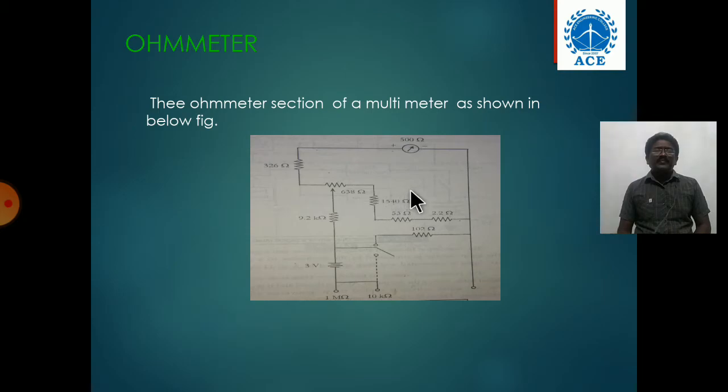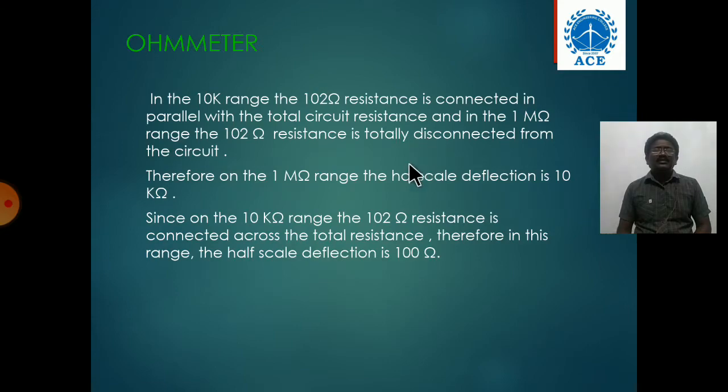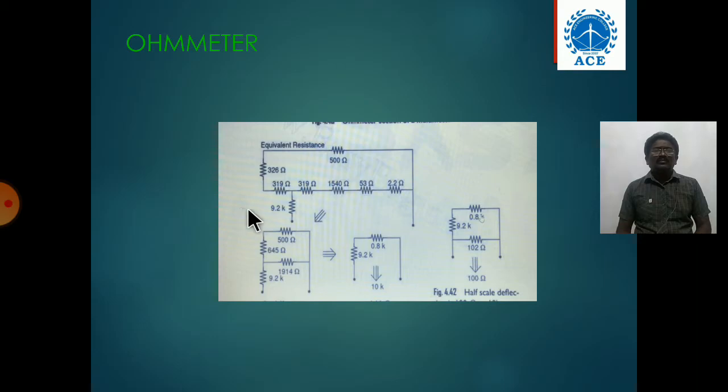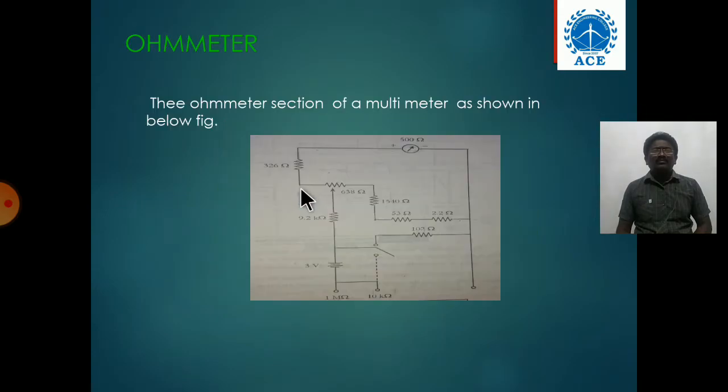Ohmmeter. This is the ohmmeter section. The ohmmeter section of a multimeter is shown like this. These are the equivalent circuit of the ohmmeter section.